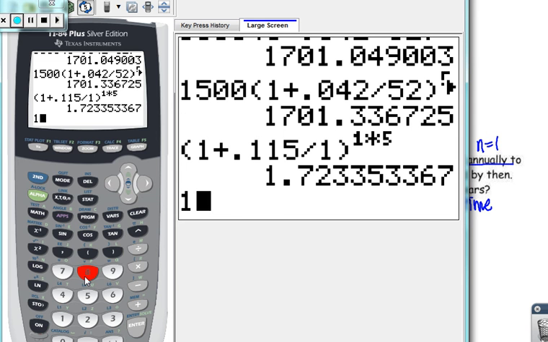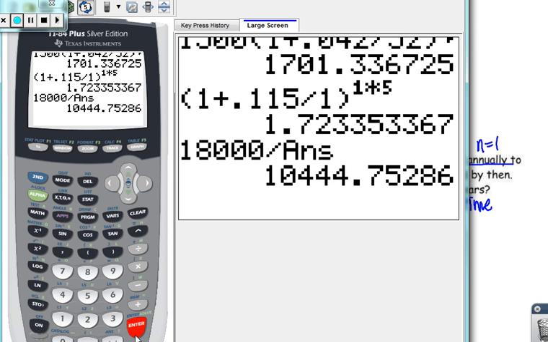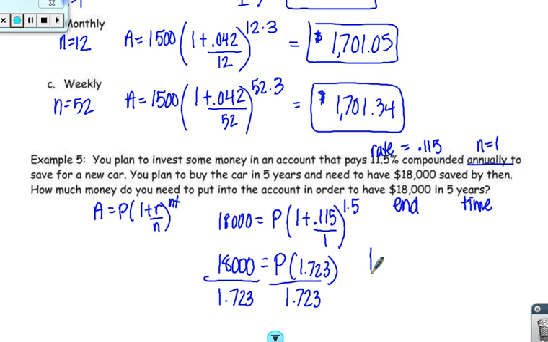I need to take $18,000 and divide it by that number. If I do that, I would have to put into my account a little over $10,000 to end up with $18,000 at the end of 5 years. So my original amount was $10,444.75.